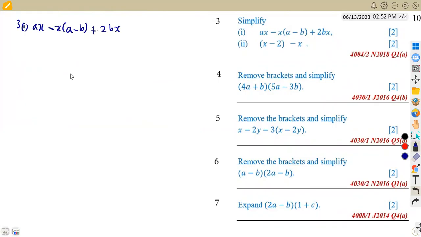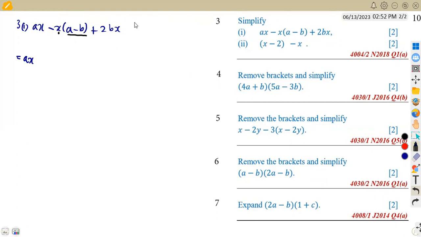Based on the same knowledge that we had before, even if we're just dealing with the letters, the issue is to expand the given bracket. So here, this bracket of a minus b is affected by the minus x outside the bracket. So we are going to have ax, it's not affecting anything. So we multiply minus x times a.